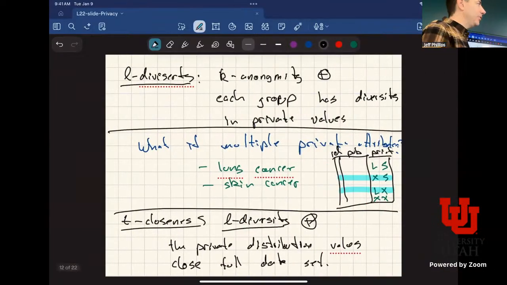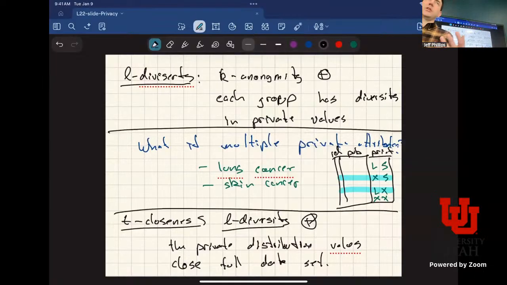And sometimes you do this separately. For the public data, I'm going to round to these groups, and then I want to make sure that the private attributes can be different within the groups. And that distribution should either have some diversity in it or match the general population.